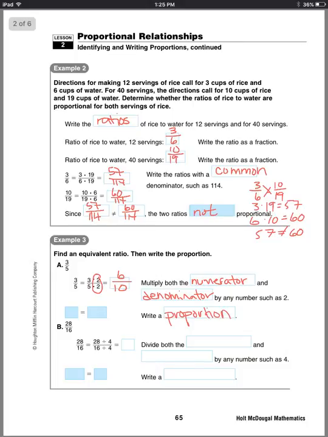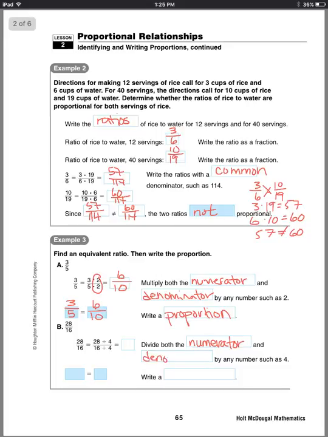Okay? And what we do is we take the starting fraction, 3/5, and we set it equal to what we got after we multiplied both the numerator and denominator by 2. Another way to do this is to divide both the numerator and denominator by a number that goes into both of them.